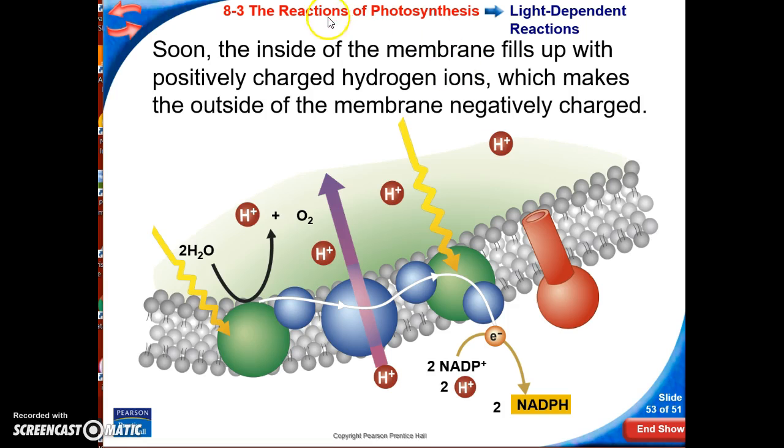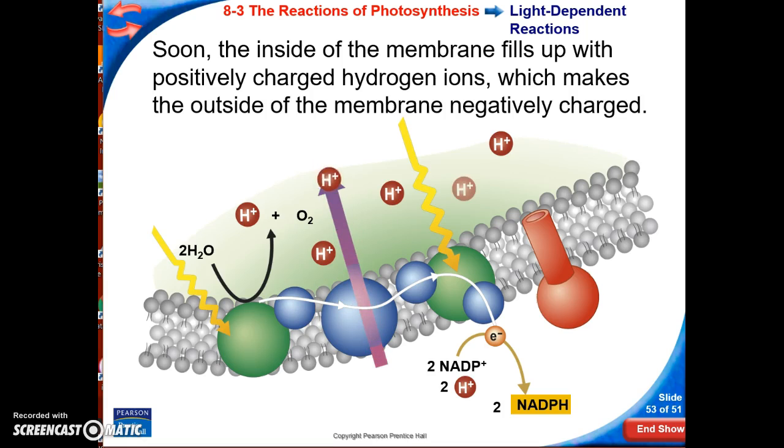And so after a while, the inside of the thylakoid here is filled up with a very high positive charge of hydrogen ions, because these are all H pluses. So we start to end up with a lot of positive electrical charge within the thylakoid here.